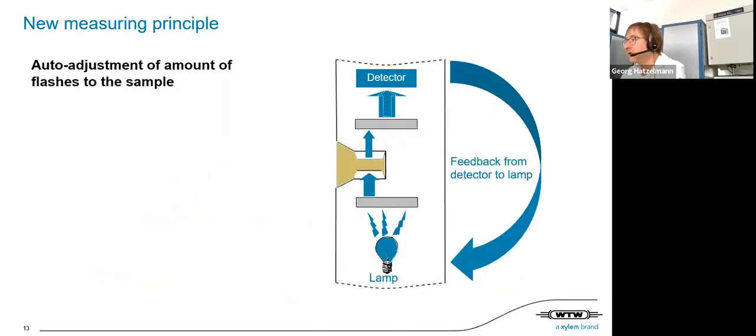The second point which we have is a so-called auto adjustment of the system. What we do is make a test flash with the lamp, measure the signal strength on the detector, and based on this, we use more or fewer flashes for one measurement. It means with a clear sample, we need only a few flashes to get an accurate signal, and with a dirty sample, we use more flashes to get this highly accurate signal.